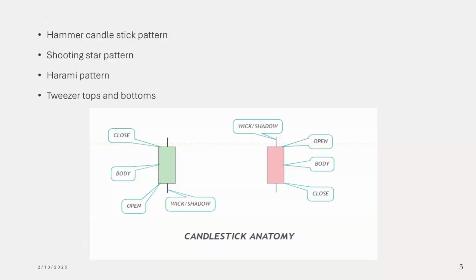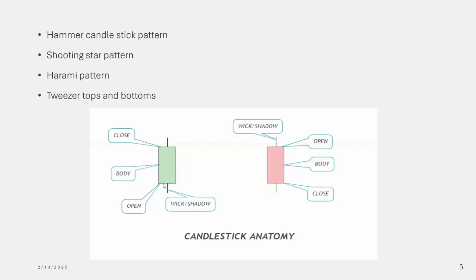Okay, so this is the candlestick anatomy. For a bullish candlestick, this is what you find. You find first of all the open, because bullish means it's bought. So first of all, it opened here on this line, went down, created a candlestick wick or shadow, whichever you want to call it, went down, then went up again, creating the body of the candlestick, and then closing above the opening price.